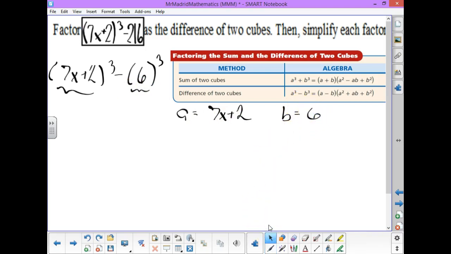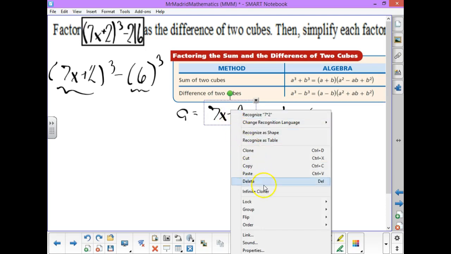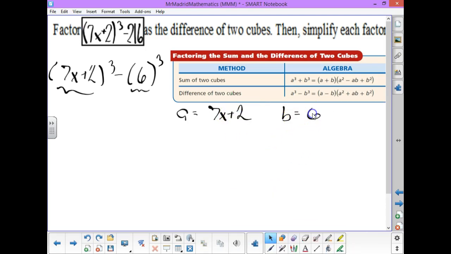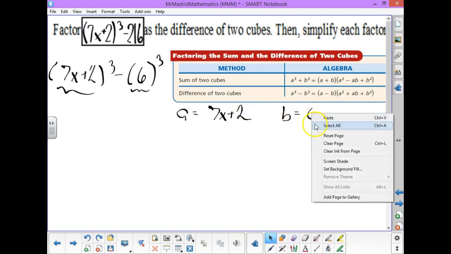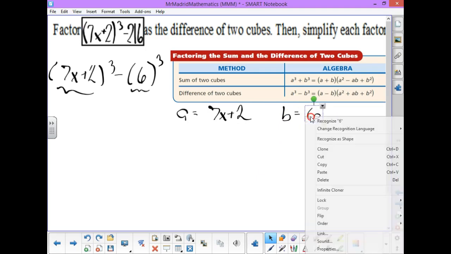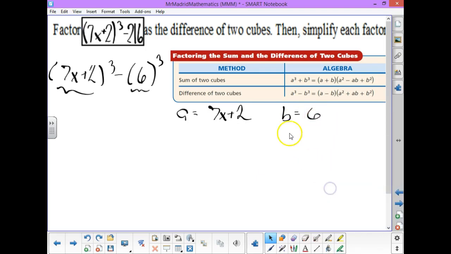Now, when it comes to factoring, all you have to do is literally plug into the formula. The purpose of the formula is to make your life easier, so we're going to take advantage of it. I do have a cubed minus b cubed. Now all I'm concerned with is this portion here.